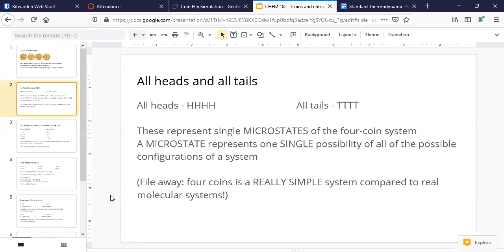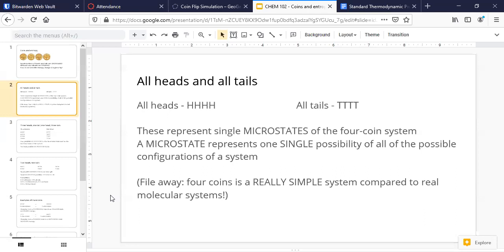And the microstate is the core definition that I'm going to use when talking about a molecular system of this sort. And I'm talking about how I correlate the molecular system's behavior to its entropy.